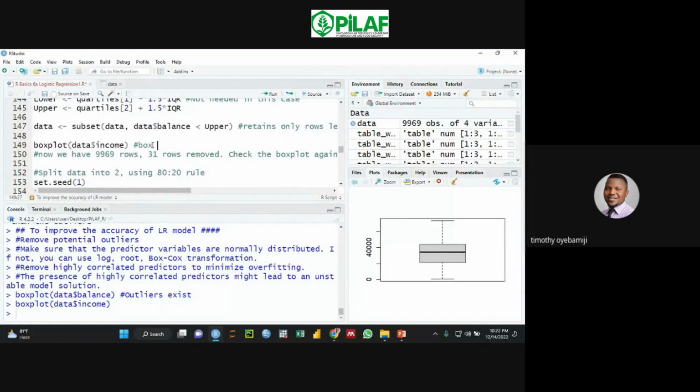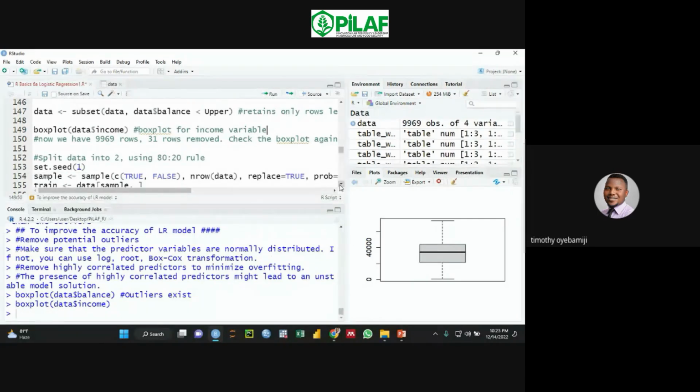All right. Okay, so income is fine, no outlier. All right, so we have taken care of the outliers, and now we can go ahead to develop our model.